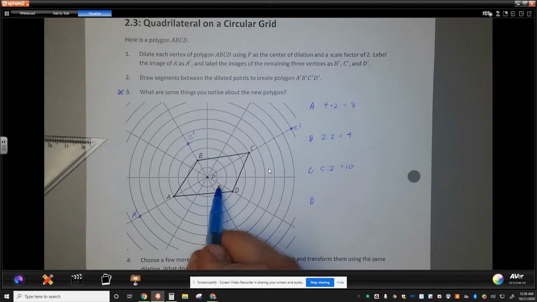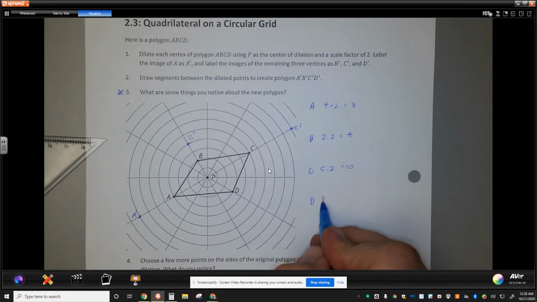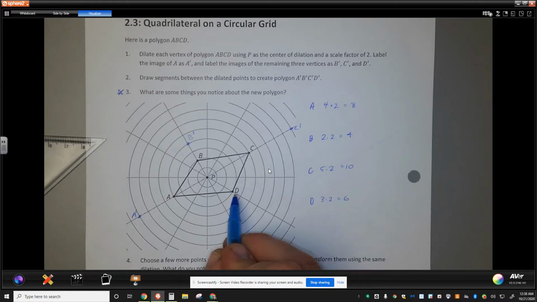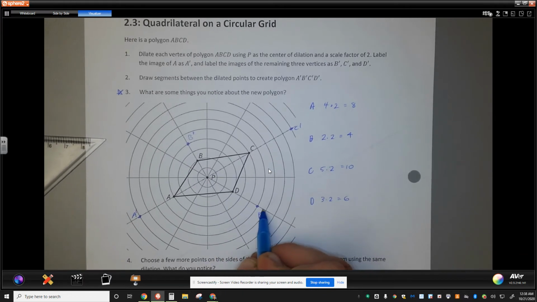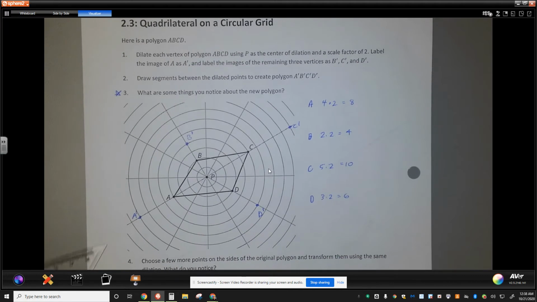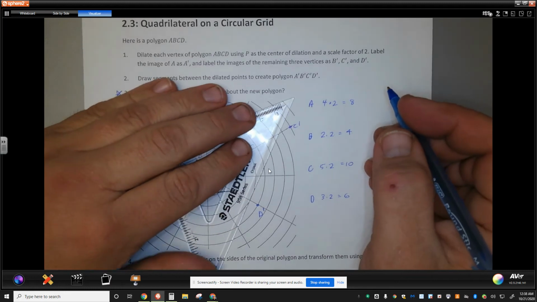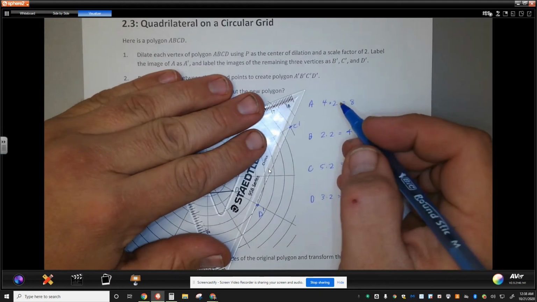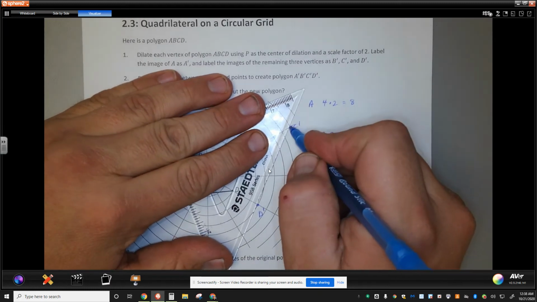And then D is 1, 2, 3 units times 2, which would make our dilated length 6 units. 4, 5, 6. There's D prime. And then we're supposed to draw segments between the dilated points to create polygon A prime, B prime, C prime, D prime.